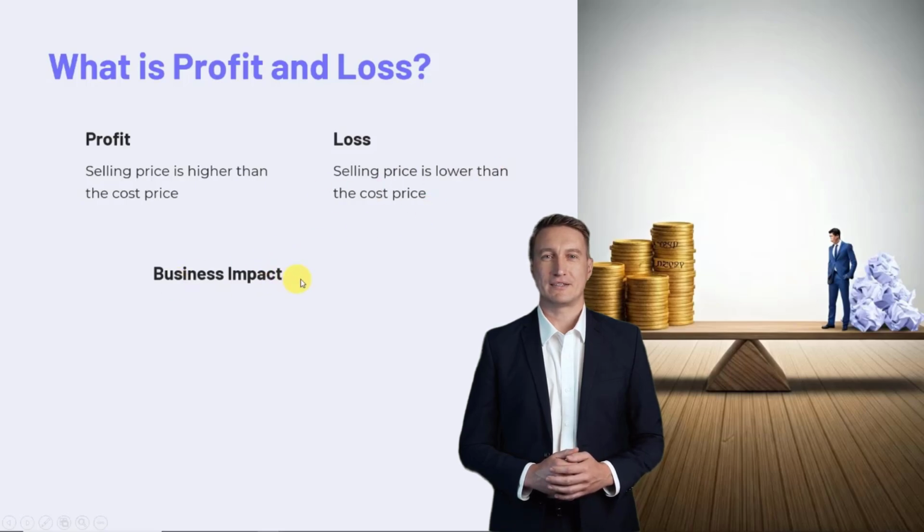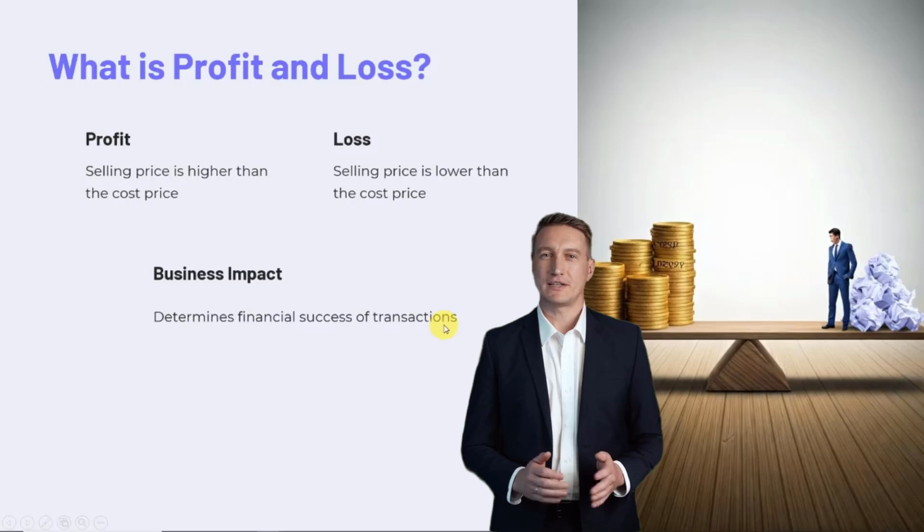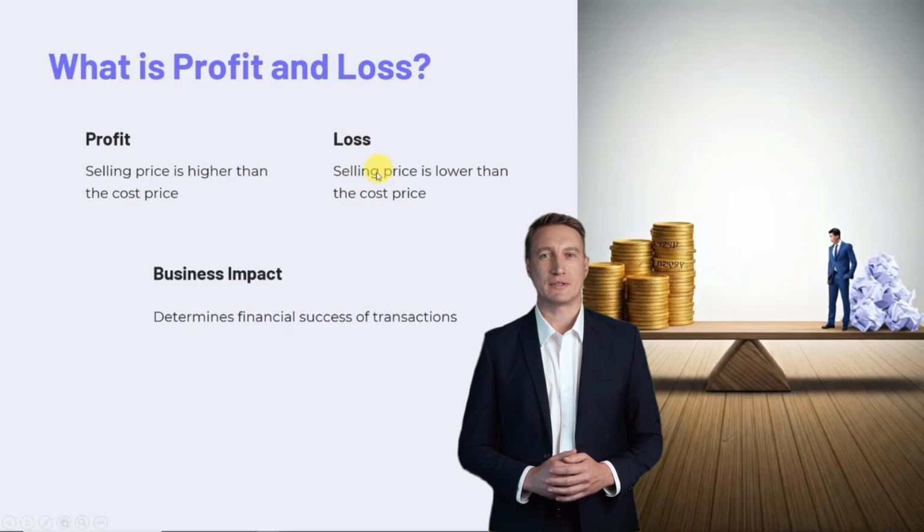This determines the final success of transactions. That is the impact of your transactions. Now, guys, if you're in business and a loss is happening to you, you won't last long. That is for sure.